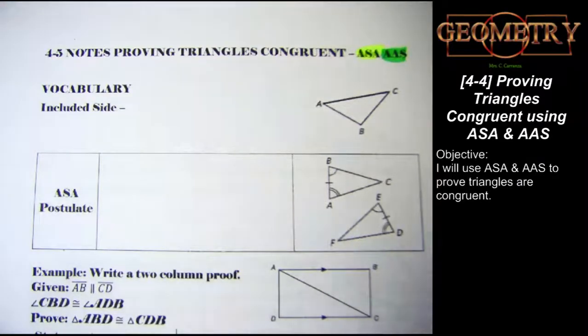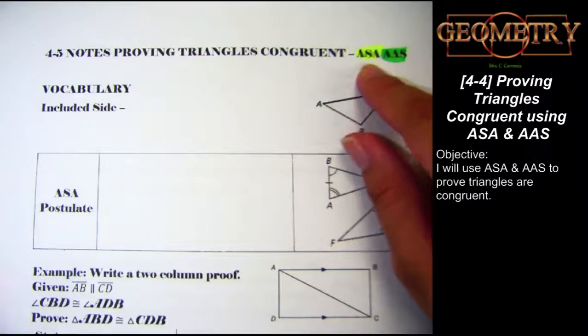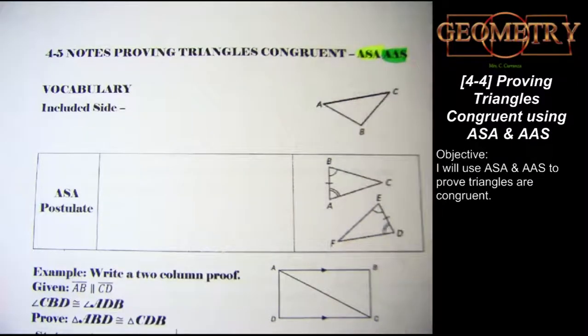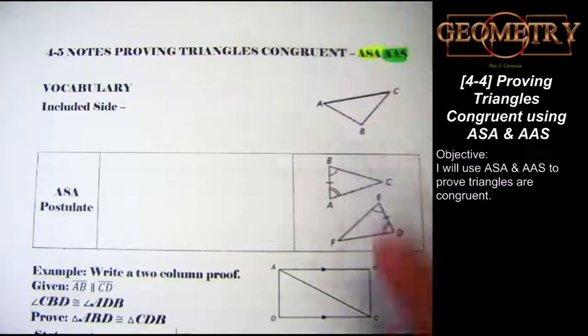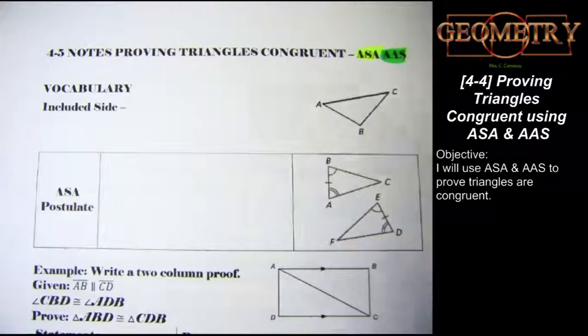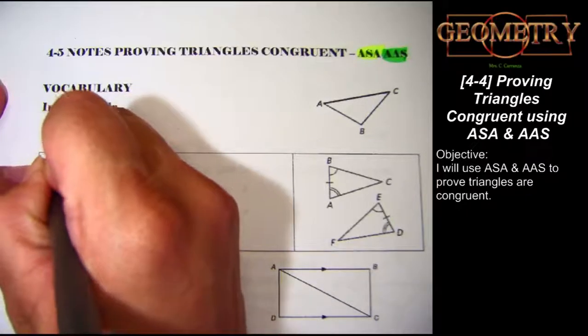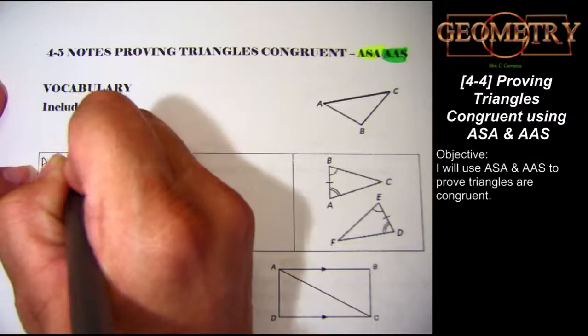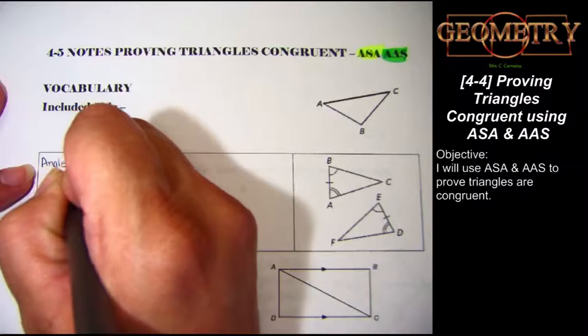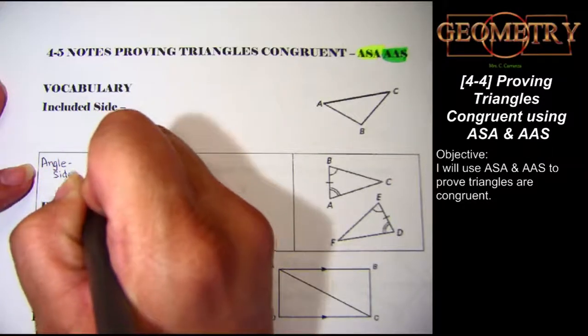Based off of that, what do you think ASA stands for? Angle, side, angle. You're absolutely right. Go into your notes, find where that postulate is, and then I'd like you to please leave a note for yourself here that ASA stands for angle, side, angle.